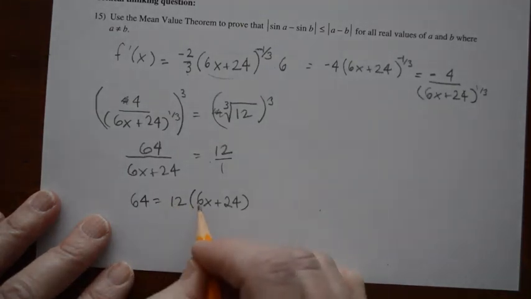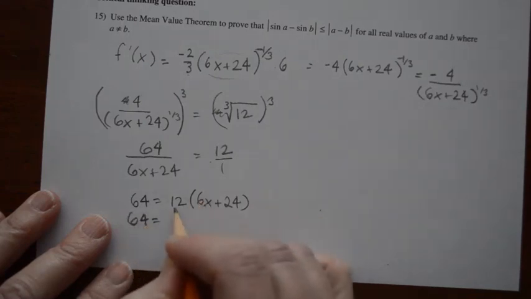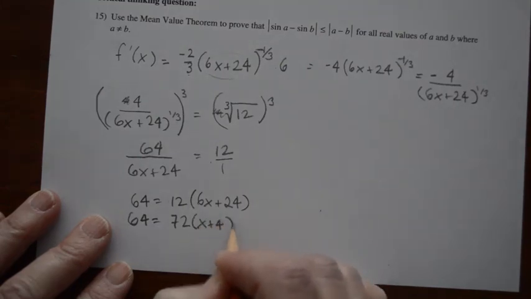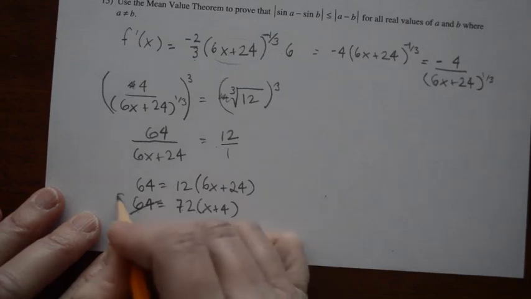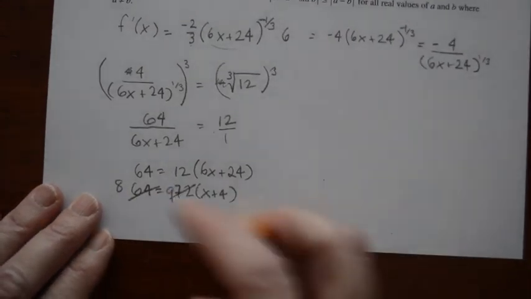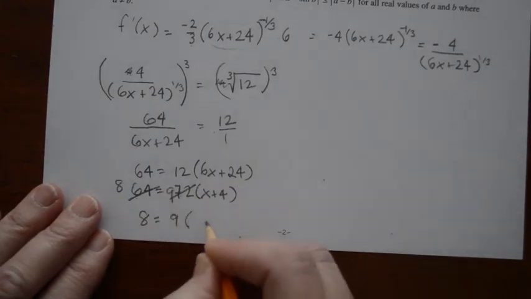I'm going to factor out a 6 here. I know this is unconventional, but 6 times 12 is 72, and then this is x plus 4. The reason I'm going to do that is because now both of these contain an 8, which I can cancel out. So this becomes 8, and this becomes 9. We end up with 8 equals 9 times x plus 4.